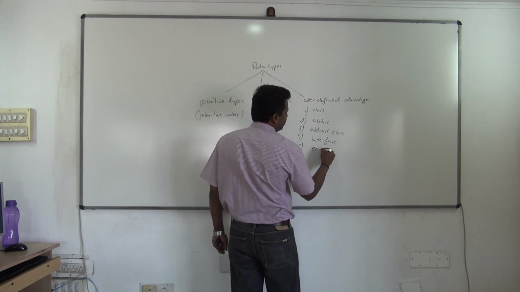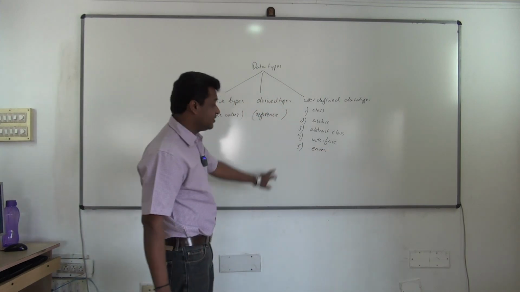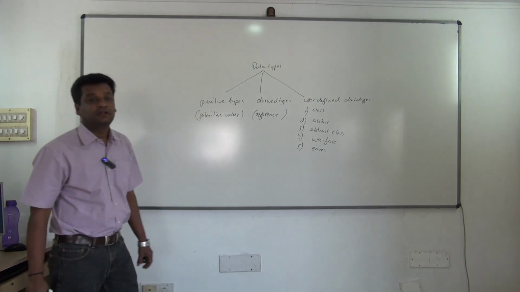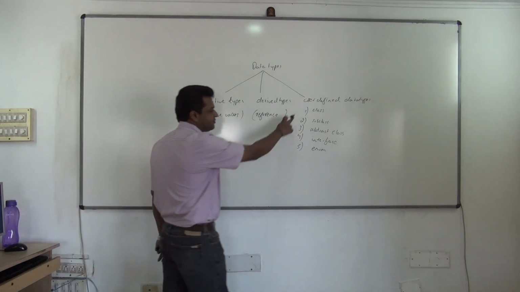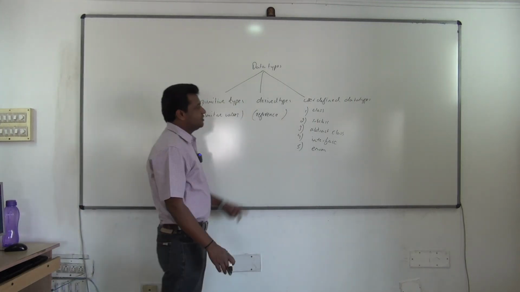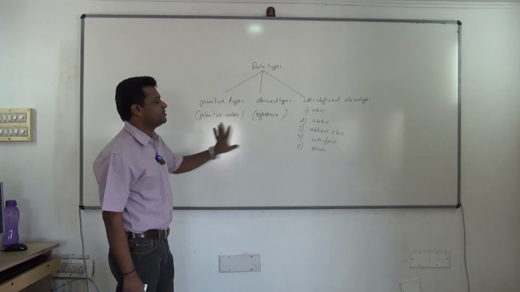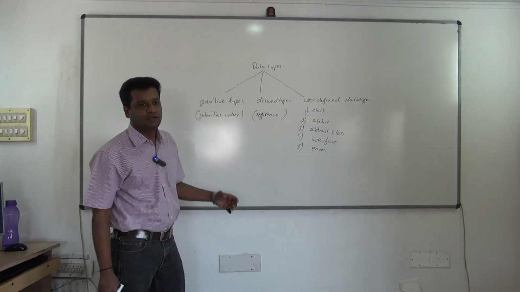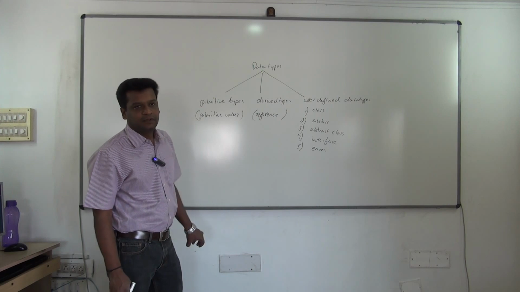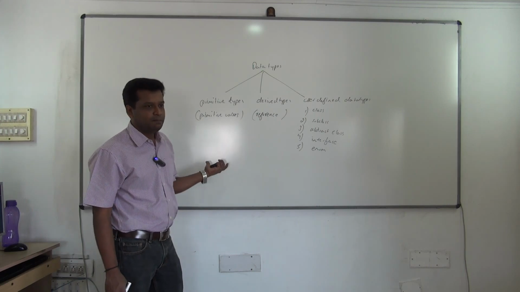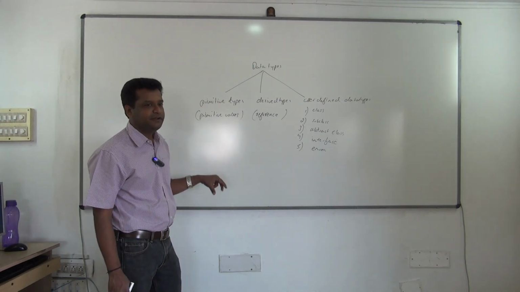You can send an enum also as an argument. That we'll see later. This is a new introduction. Enum is also one more data type. Right now we'll focus on these four. Later on we'll see the rest. So these are the user defined data types. All these data types you can send as arguments, and you can accept them as parameters, and also you can have them as return type.